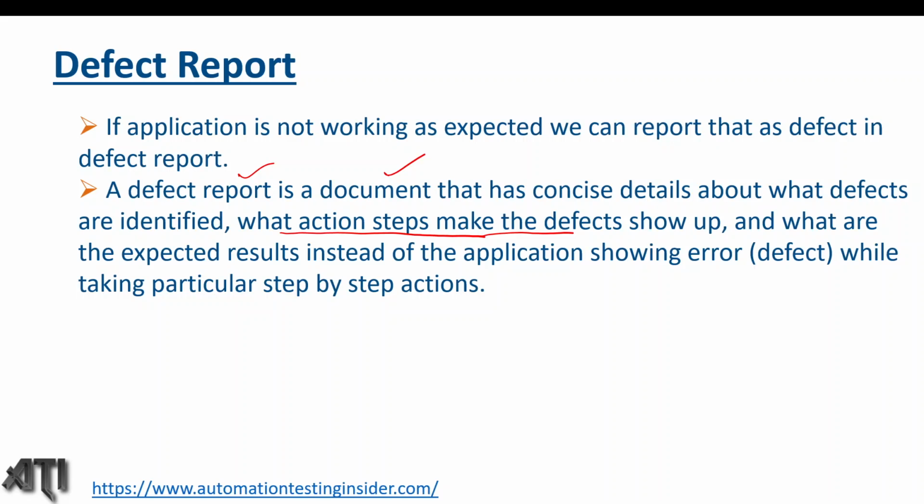So basically a defect report is a document where we talk about different details about the defect. We have to mention defect ID, summary of the defect, status of the defect, and the reproducible steps, like what actions we are going to perform to get that defect, correct.